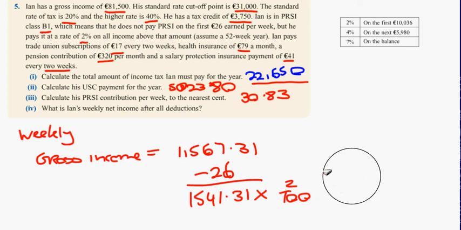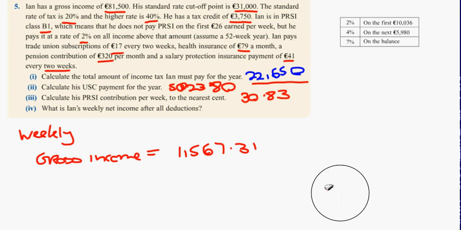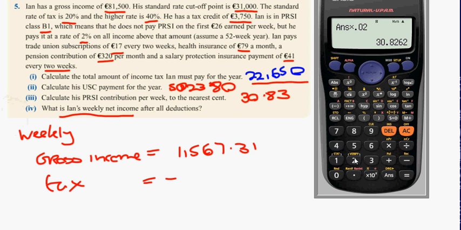And then we're going to subtract that. Now, this gross income is 1567.31. So we have to find out his weekly net income. We're going to start off with tax. Take away his tax, and his tax is 22,650 divided by 52, and what we get is 435.58.